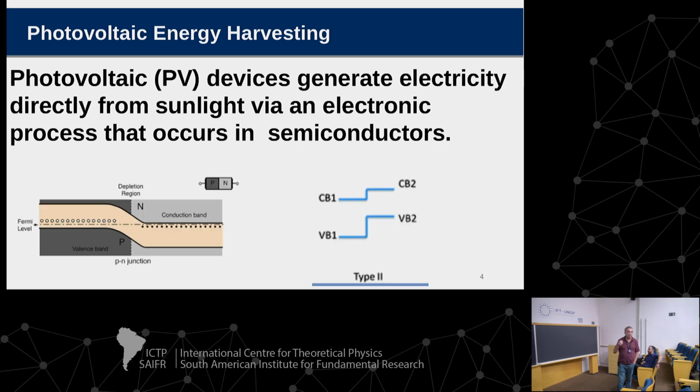And we need semiconductors because we want to create electron-hole pairs with light. And also we need somehow to separate spatially electrons from holes. Two of the main processes are p-n junctions and also type 2 heterostructures. There are others. I'll mention a third type in my talk.